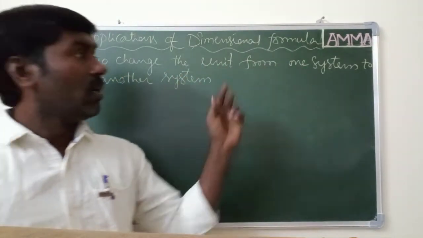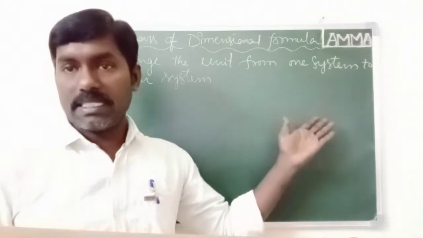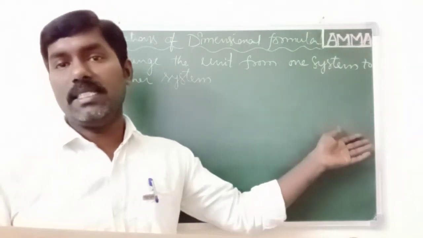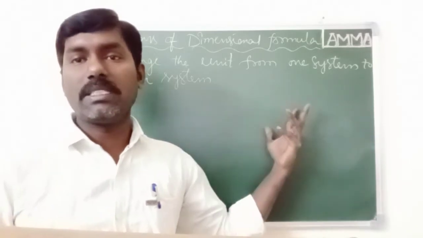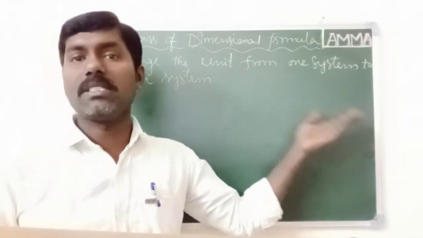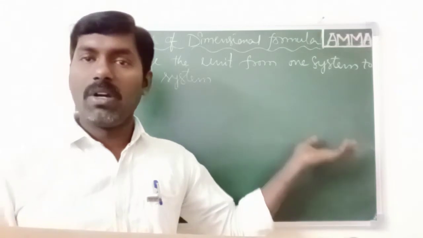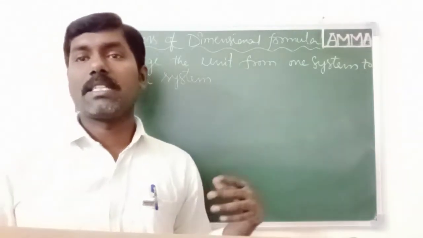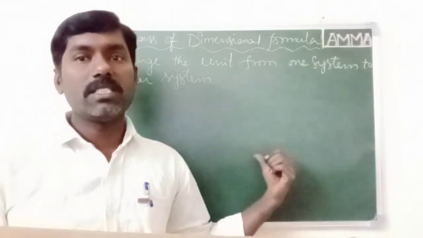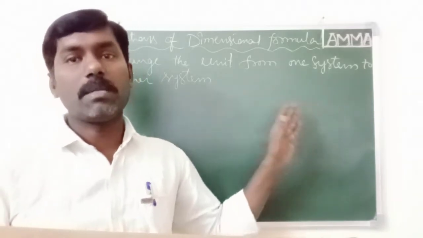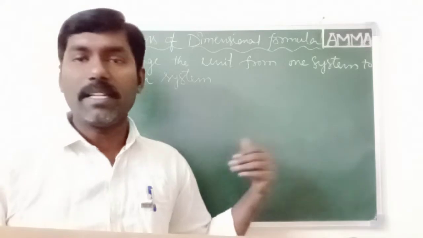Suppose the value was given in the MKS system and you want to change it into the CGS system; by using the dimensional formula, we can change that value from one system to another, from MKS to CGS or from CGS to MKS. How we do this, let us discuss later.